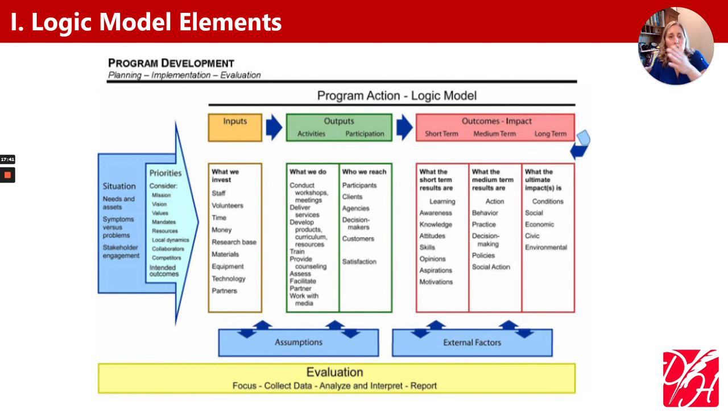But here they're calling outputs activities and participation in their heading. Our same basic framework is there though. And by having your key definition slide available, regardless of the format that a grantmaker presents you with, you'll be able to take your basic information from the organization and complete the grantmaker's template.